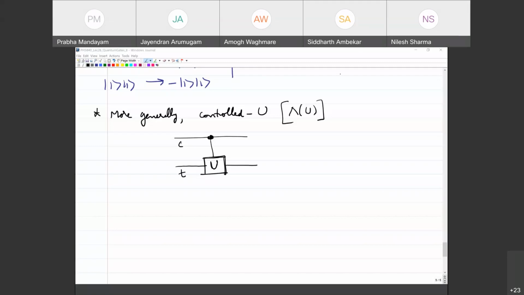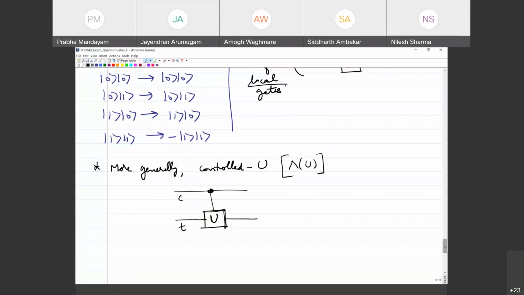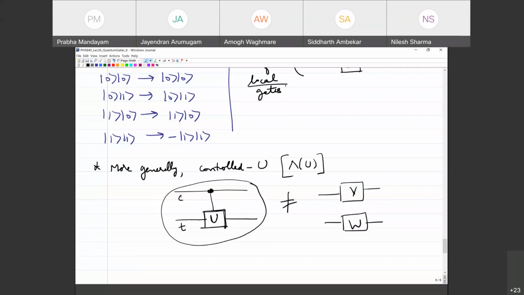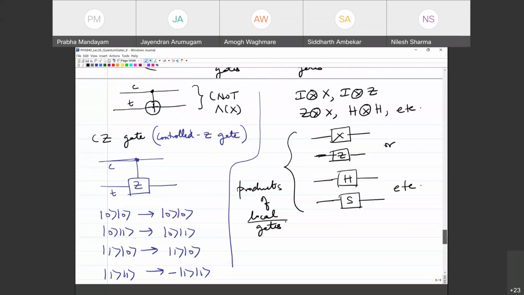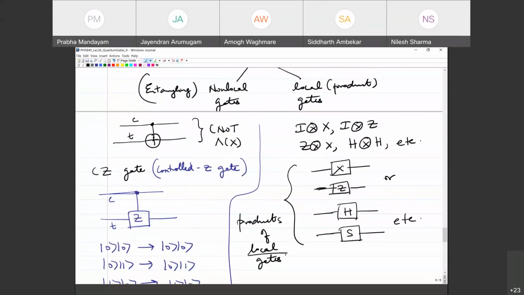Or any control unitary, because this class of unitaries cannot be decomposed as some local V tensor W, right? But of course, this is what I will show you on Monday. You can indeed map between such non-local gates. You can use local gates to go from C0 to control Z and vice versa. Okay, so that's why the universal set should always have one non-local gate and a bunch of single qubit gates.